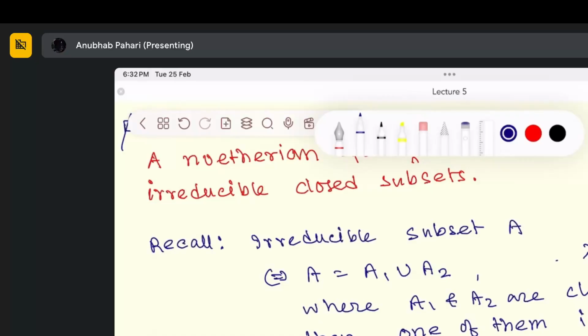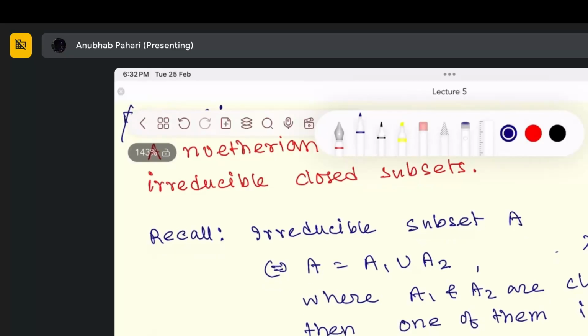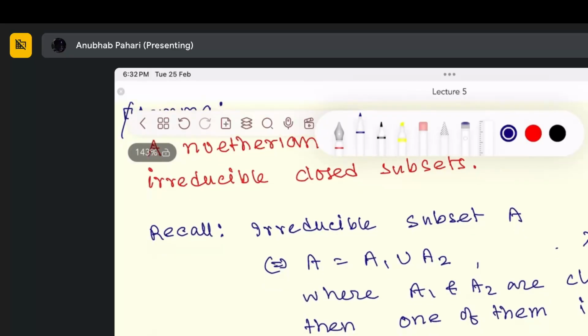I should also mention the name of Macdonald, because it is his book too.